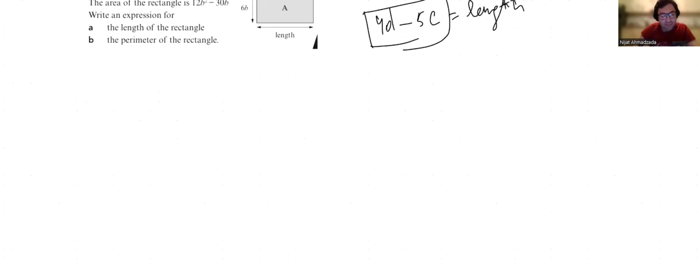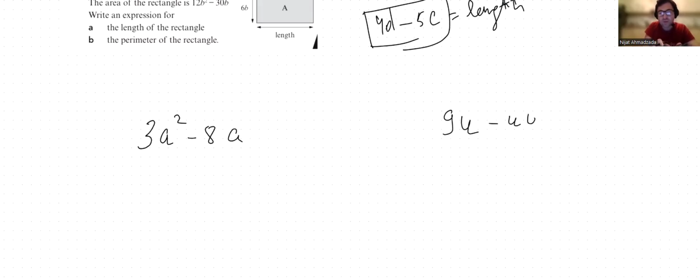Okay. One of the exercises says we have to factorize this: 3a squared minus 8a. Another one is 9u minus uv. Okay, let's do those as well.